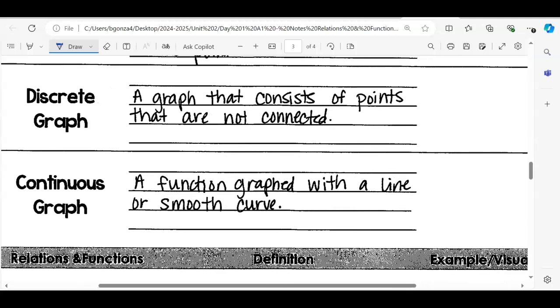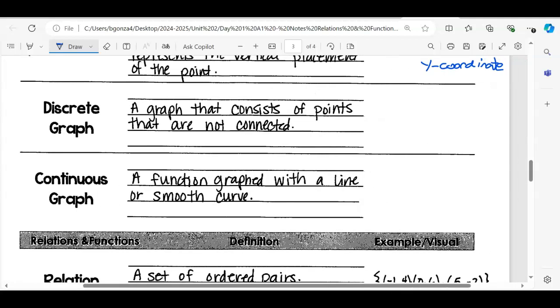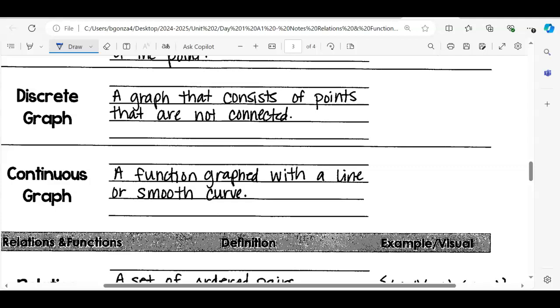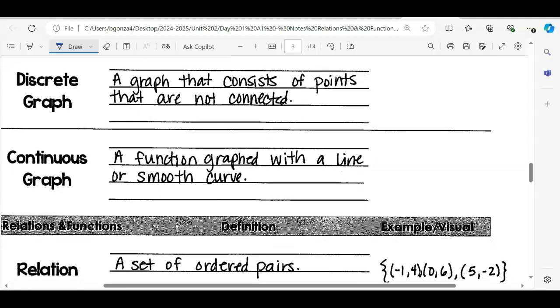Next thing, you got to know the different types of graphs. So look at this. Discrete and continuous. I'm going to ask you to draw a picture off to the right here. But look, discrete, underline DIS, discrete, and go ahead and write disconnected. Discrete is disconnected, okay?